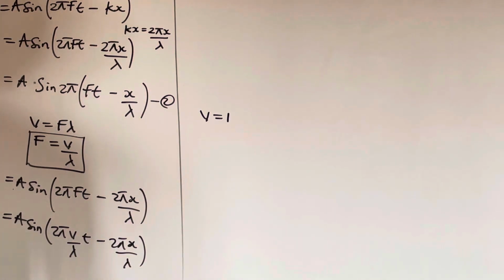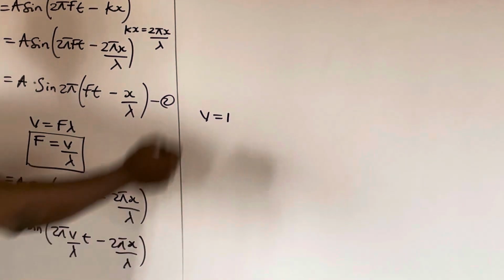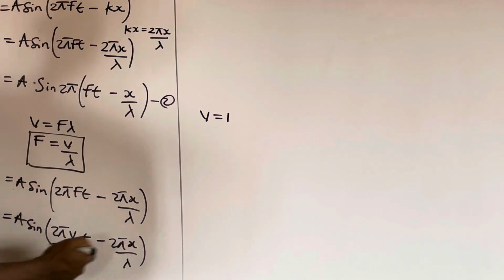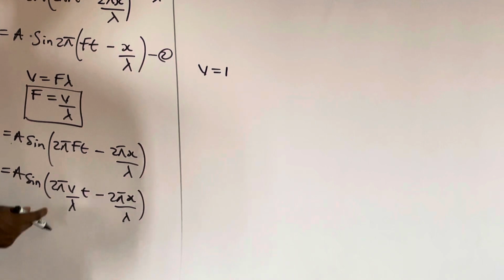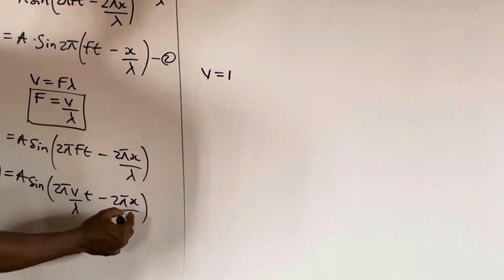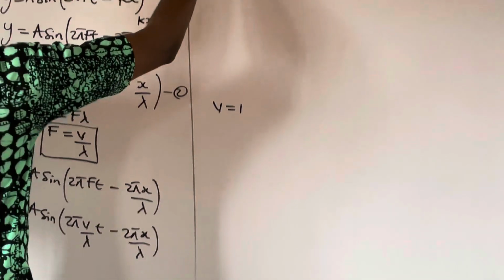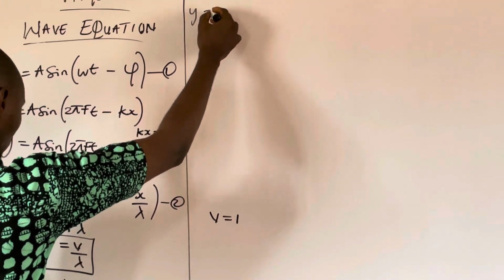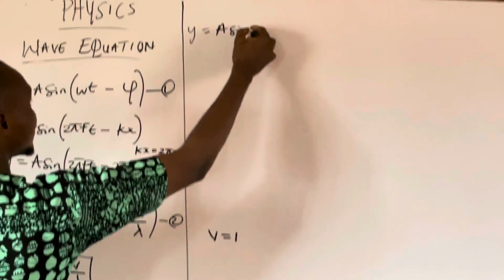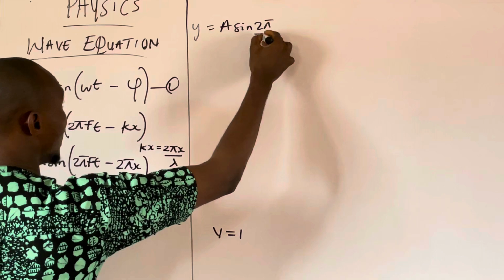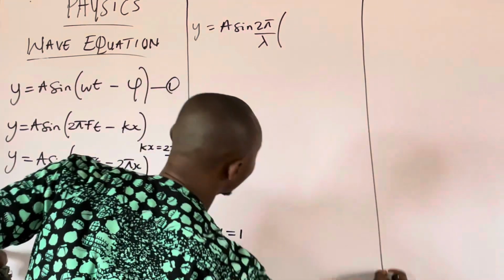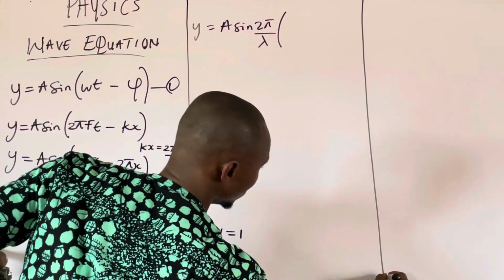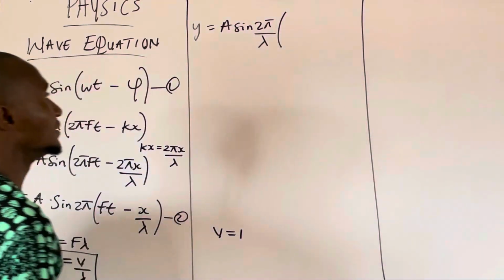So what do I do then? The common factor here is 2 pi over lambda, right? So over here, y equals a sine 2 pi over lambda bracket. Do I really need this line?